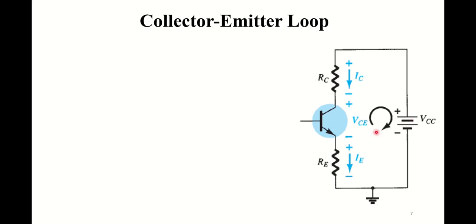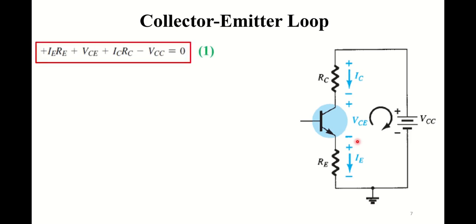Therefore, we have a total of 4 terms in the equation of our output loop, as can be seen in equation number 1. These are the voltage drops across RE, collector emitter junction of a BJT, RC, and the power supply VCC.